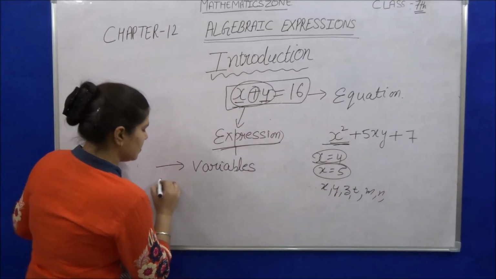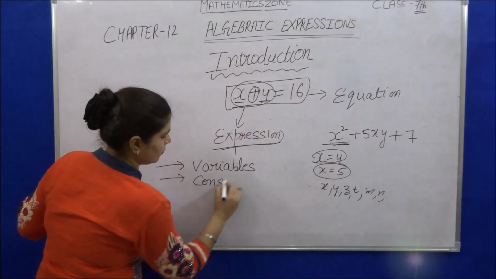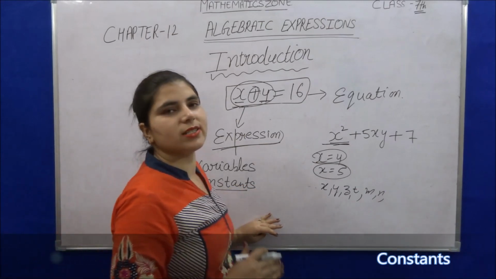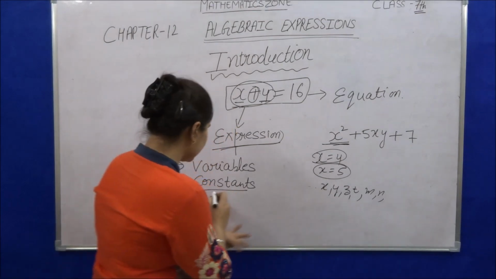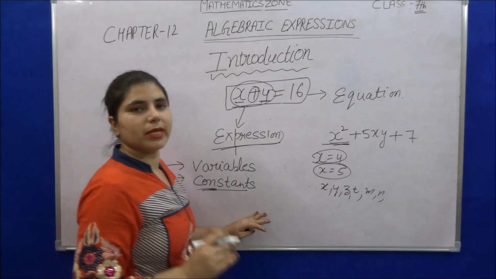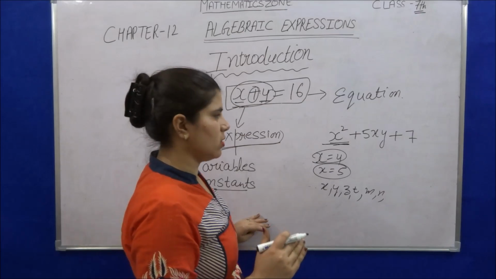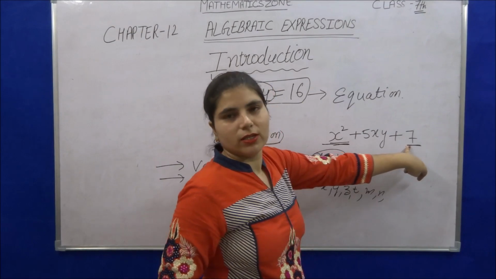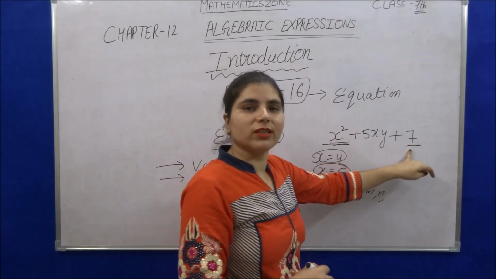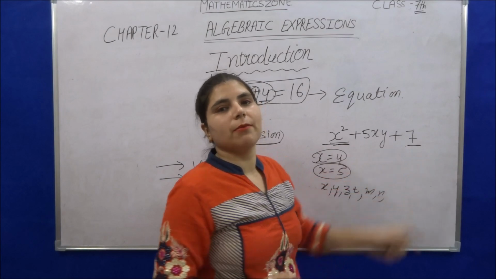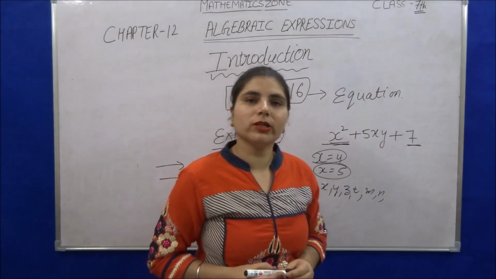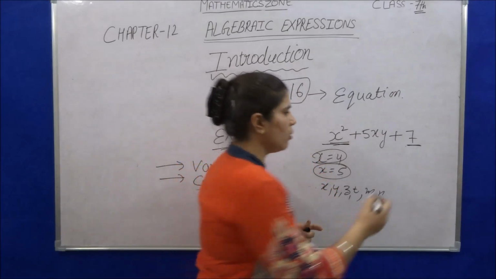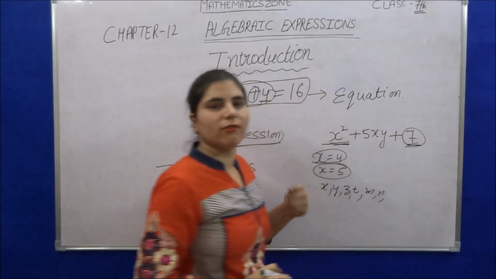Now next is constants. Constants are those whose value always remains constant. As the name indicates, constant means whose value can never be changed. For example, here the third term is 7. The value of 7 always remains 7. If I am going at 7 o'clock to Delhi, then the value of 7 will remain 7, it can never be 6.